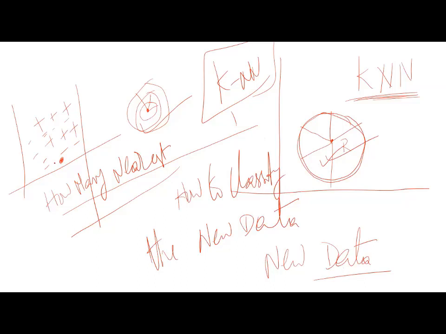is 1, check only one neighbor, which is the nearest neighbor, and assign that class to the new data point. If K is 2, then you have to take two nearest points, then you have to apply voting.